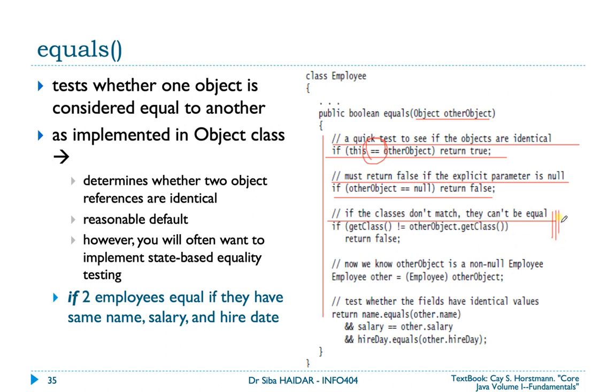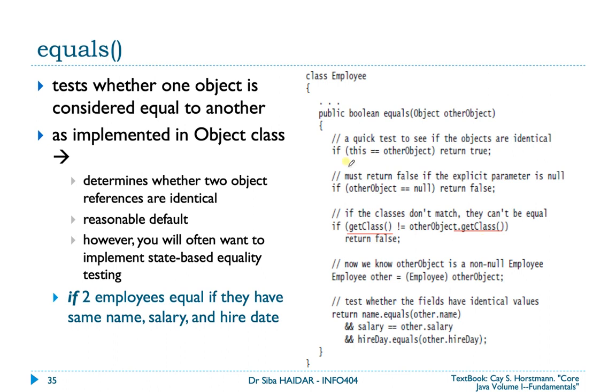You can change it, we will see later how. So you will invoke here getClass, which is a reflection method. If this.getClass() is different than otherObject.getClass(), you will return false.